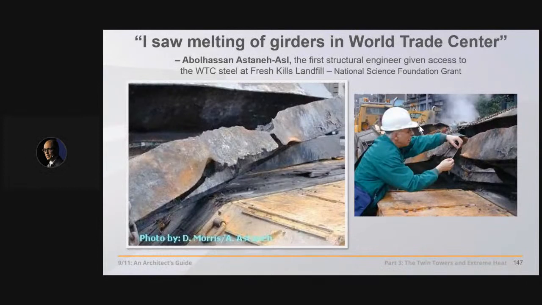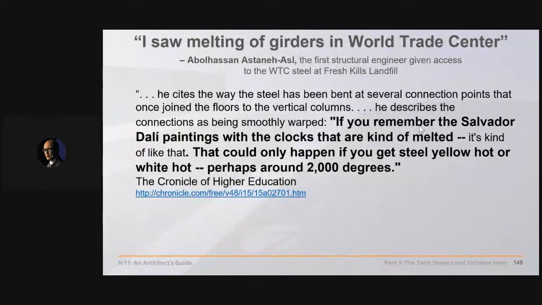And yet here it is, documented by Abolhassan Astaneh-Asl, the Berkeley professor who had a National Science Foundation grant to study the steel, but he doesn't know how it melted. He says, if you remember the Salvador Dali paintings with the clocks that are kind of melted, it's like that. It could only happen if you get steel yellow hot or white hot, perhaps around 2,000 degrees.